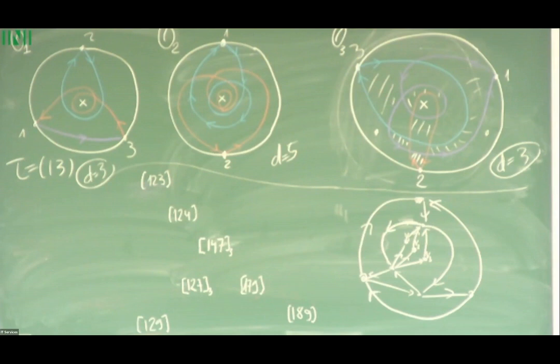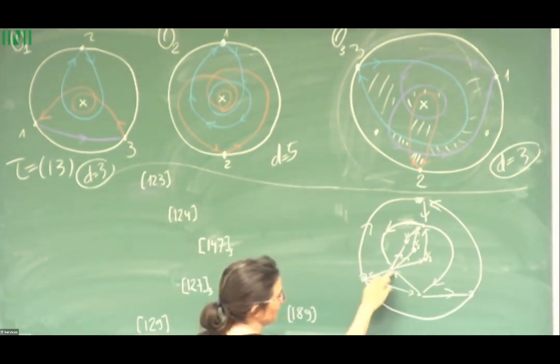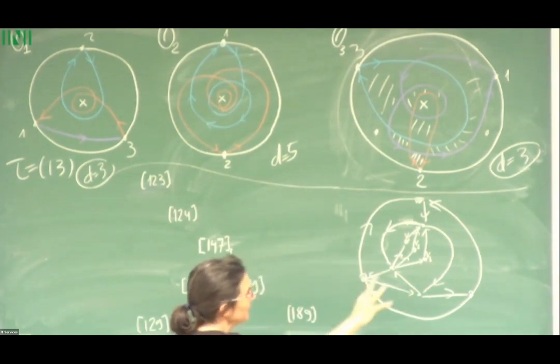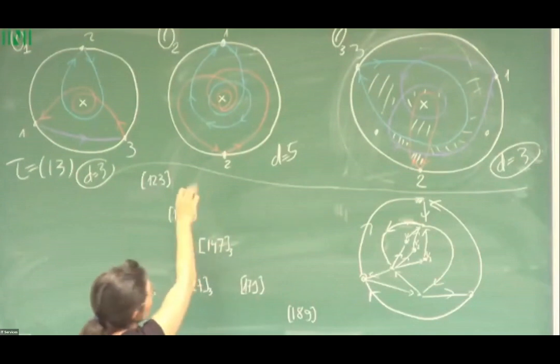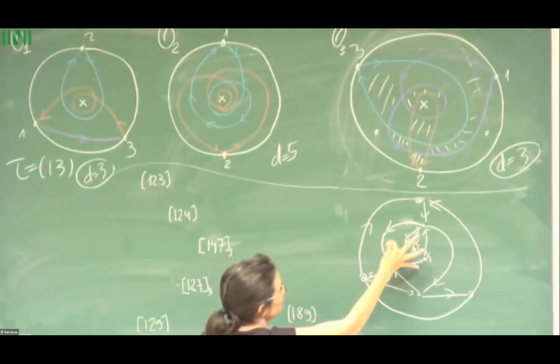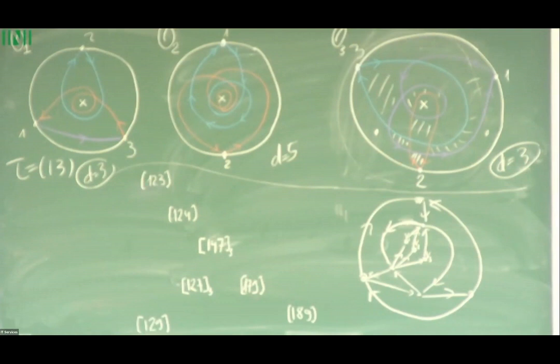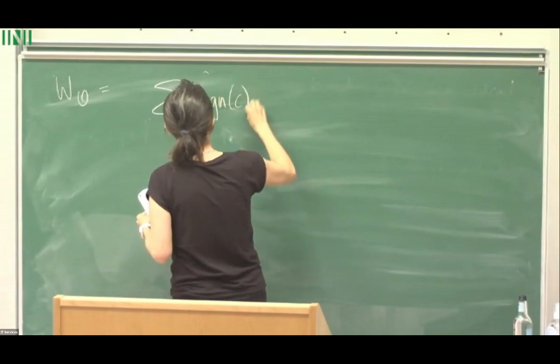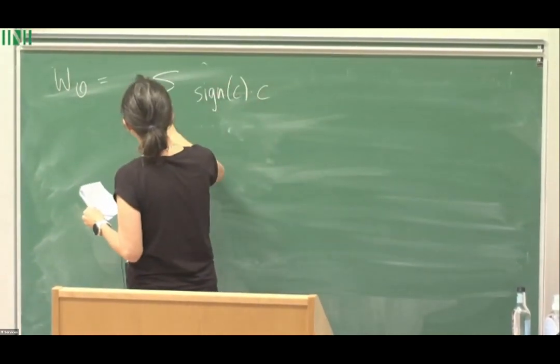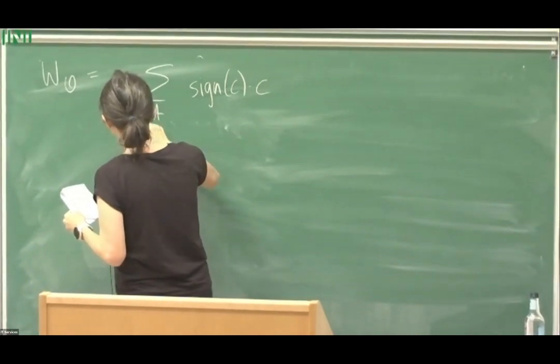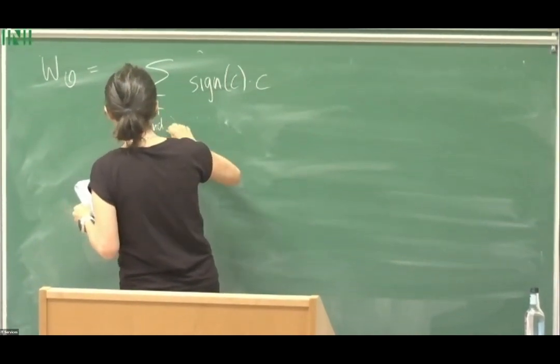So what is the potential? Well, you have to take these fundamental cycles, because the quiver basically has a lot of oriented disks, which are my fundamental cycles. Outside the central part, I just do the usual thing: I take the sign of C times C, for C not around omega.